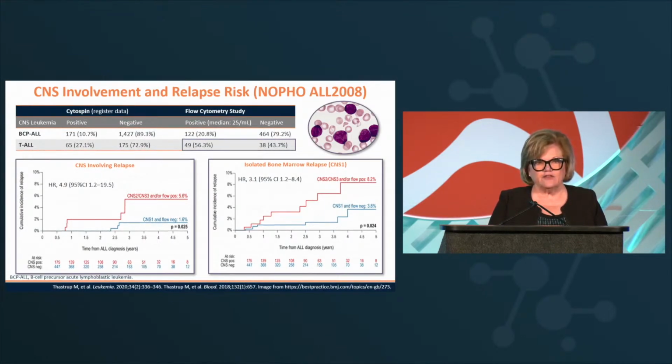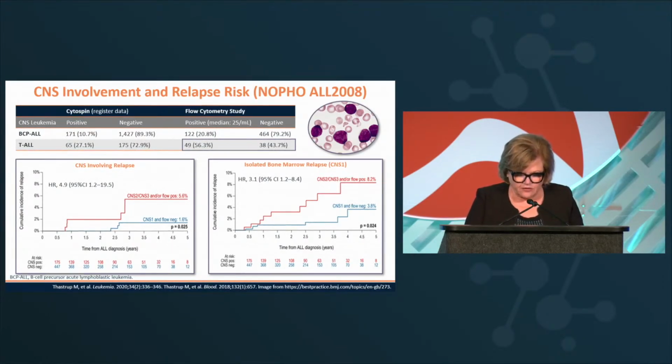When we look at isolated bone marrow relapse, we find that those that are CNS1 and flow cytometry negative will have about a 3.8% bone marrow relapse, while those that are CNS2 and 3 and flow cytometry positive will have about an 8.2% isolated bone marrow relapse.